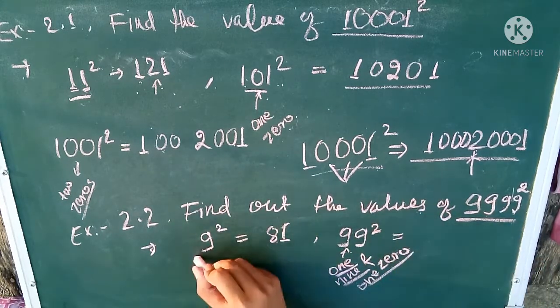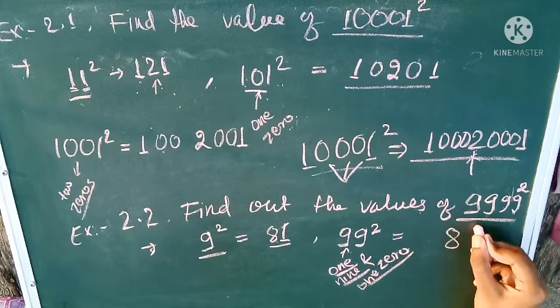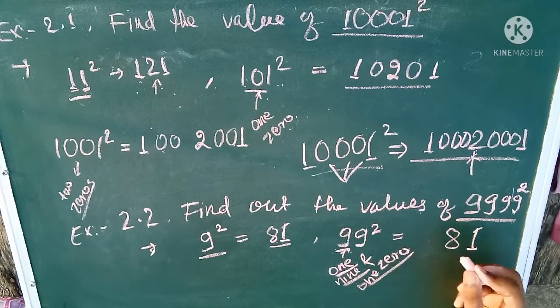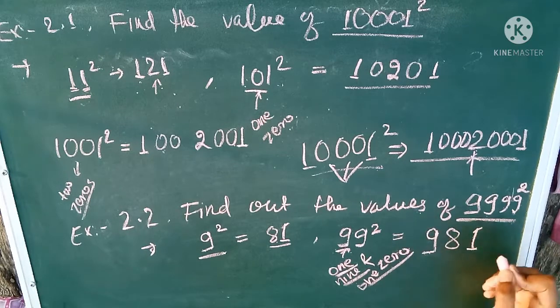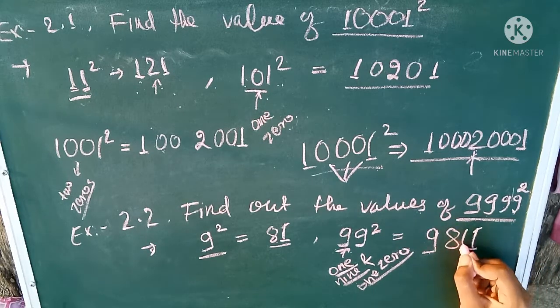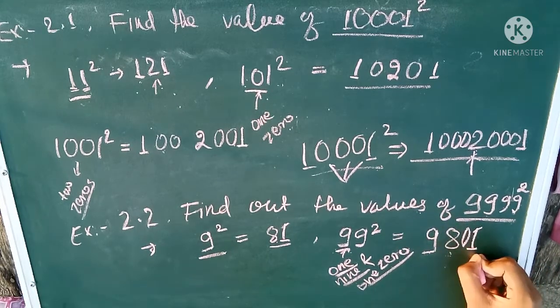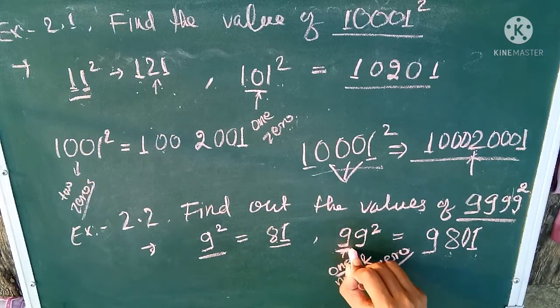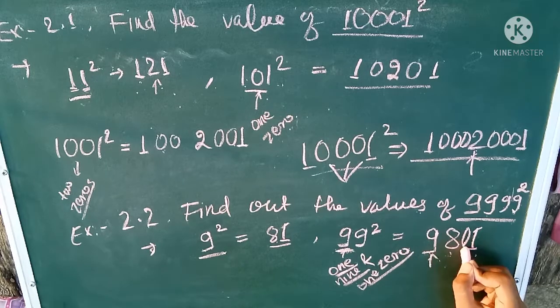That is, 9 square is 81, so simply here we will write 81, and here we have one extra 9, so for that we will put 9 in front of 8 and 0 in the middle of 8 and 1. So with the increase of one 9, we have added a 9 and a 0 here.